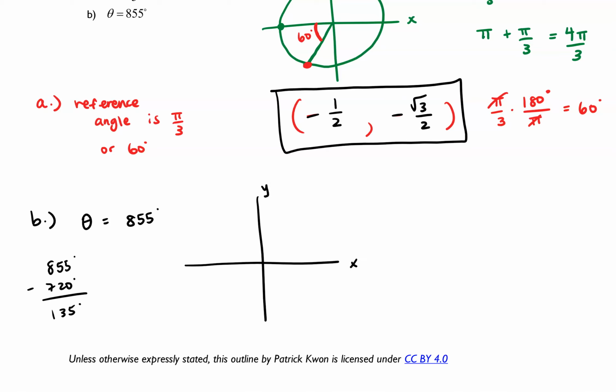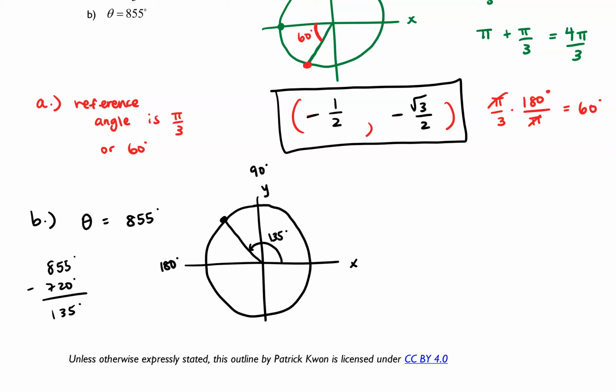on the unit circle. I know that this here is 90 degrees, and this here is 180 degrees, and so 135 degrees is going to be somewhere in quadrant 2. So this is 135 degrees.